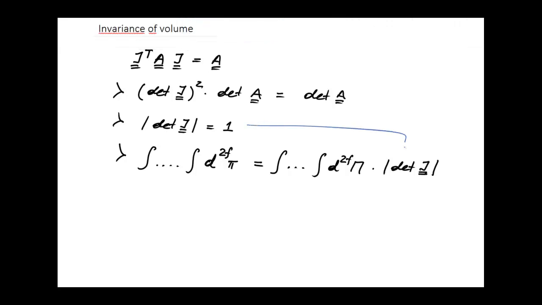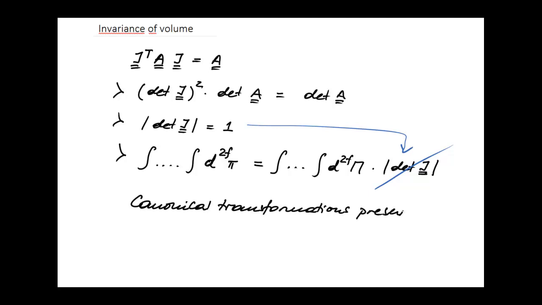But for canonical transformation, we just found this determinant is equal to 1, or this absolute value of the determinant is equal to 1. So in fact, we find that phase space volume elements are the same in the old and in the new coordinates. So as a further consequence, we find that canonical transformations preserve volume elements in phase space.